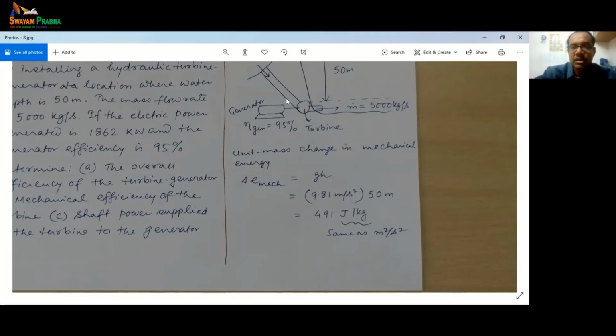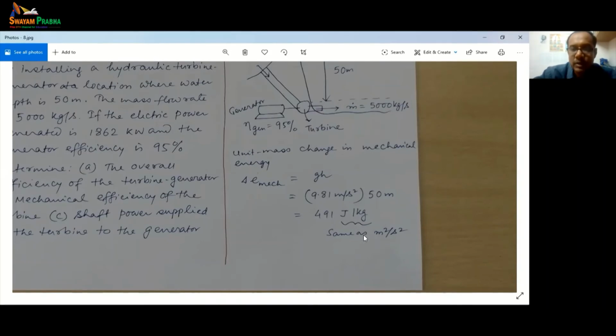So per kg of water flowing through this turbine, the available mechanical energy is 491 joule. And you may wonder that these units are meter square per second square, right? This will give you the unit of meter square per second square. And why am I writing joule per kg?